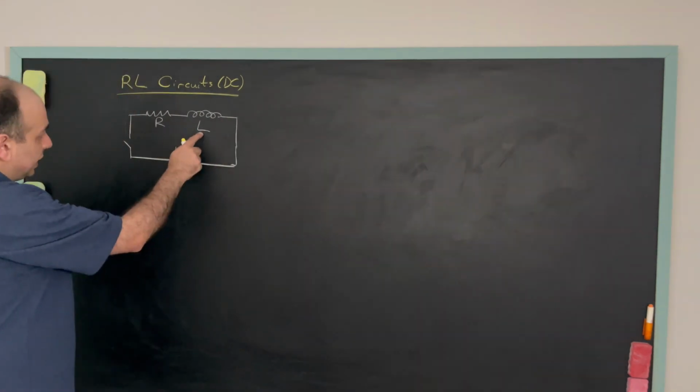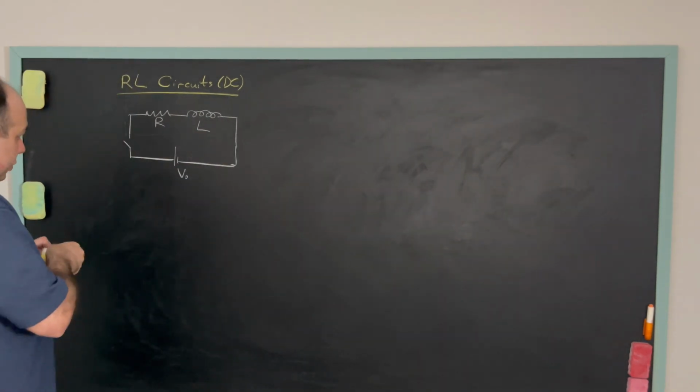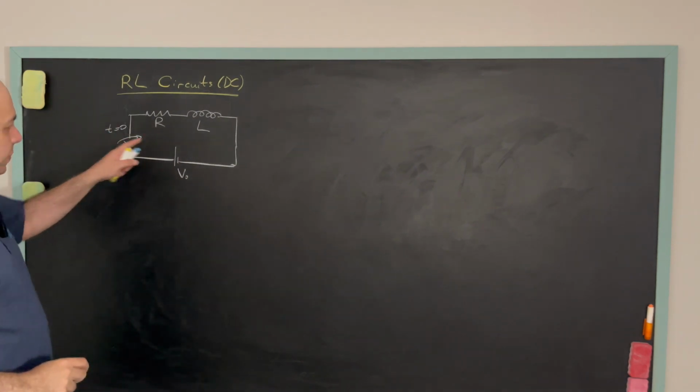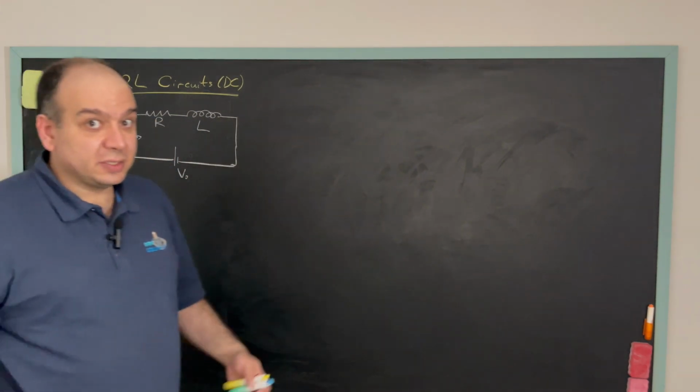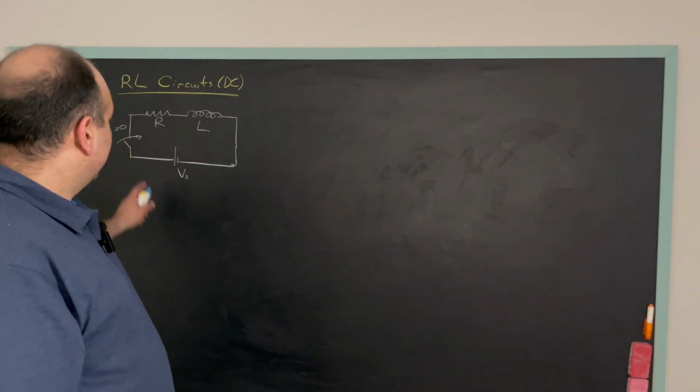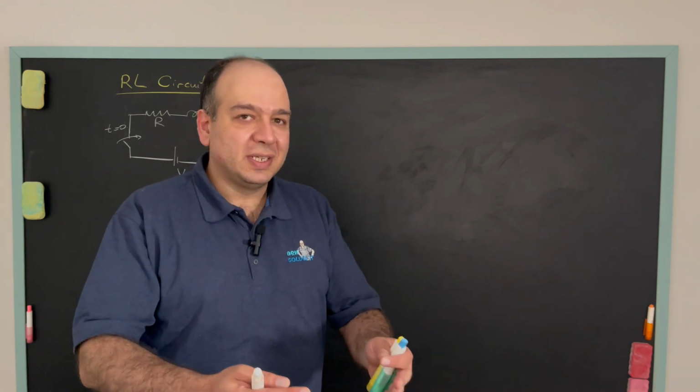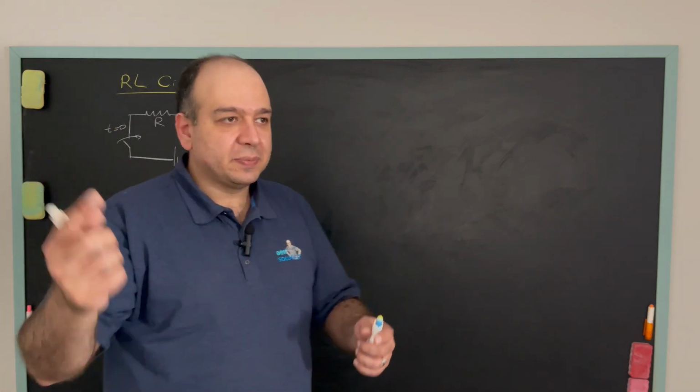Initially, when I close the switch at t equal to 0, the presence of this inductor is not going to let the current run rapidly in the circuit.